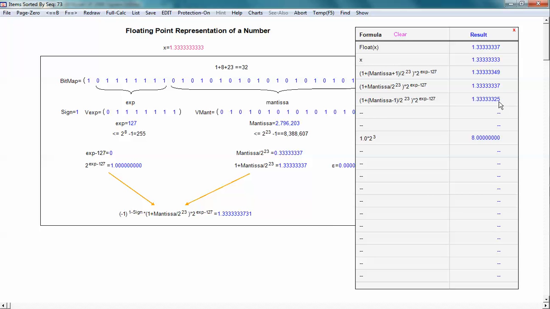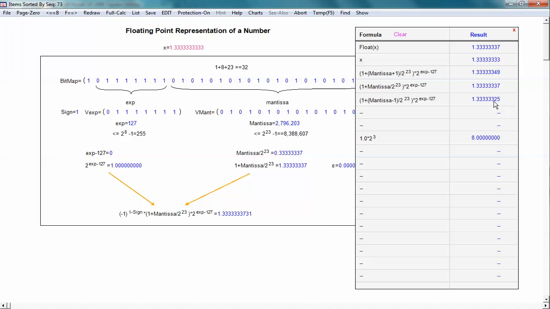And in that case, we end up with our last 2 digits being 25, which is off by what? It's off by 8. If we compare this to what we'd like it to be, our machine number is off by 8 units in the last 2 digits. So clearly this is the best machine number for approximating this value here.